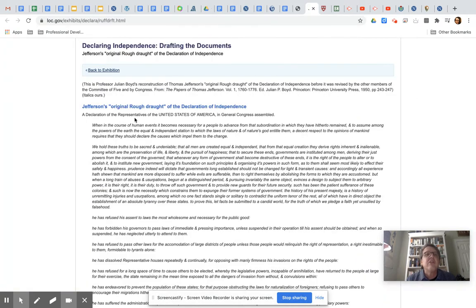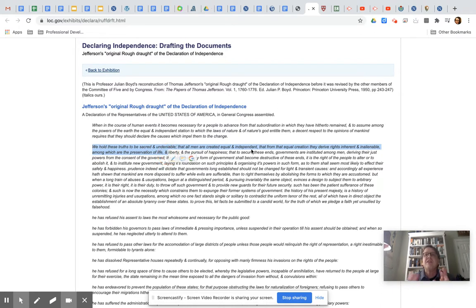But Jefferson originally wrote, we hold these truths to be sacred and undeniable, that all men are created equal and independent, that from that equal creation they derive rights inherent and inalienable, among which are the preservation of life and liberty and the pursuit of happiness.